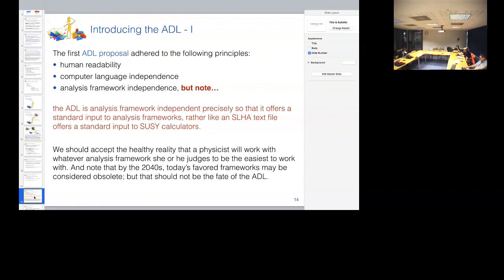And presumably by the time that the LHC era is coming to a close, but we should still be analyzing LHC data in the 2040s, today's frameworks may well be considered obsolete by then. But the hope, of course, is that whatever ADL we finally focus upon will not be obsolete and will still be able to describe the analyses that have been done prior to the 2040s.